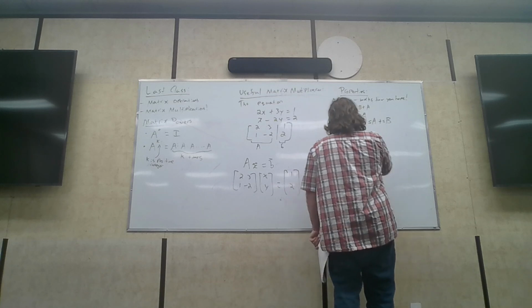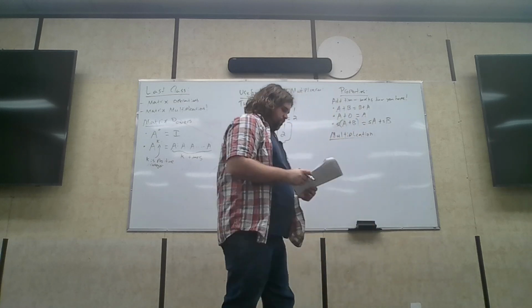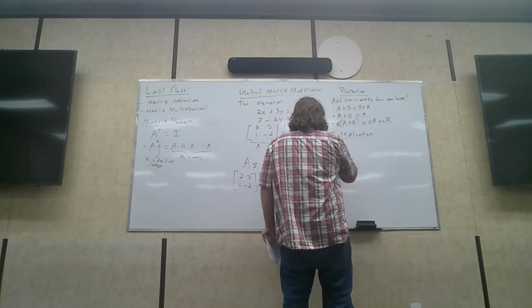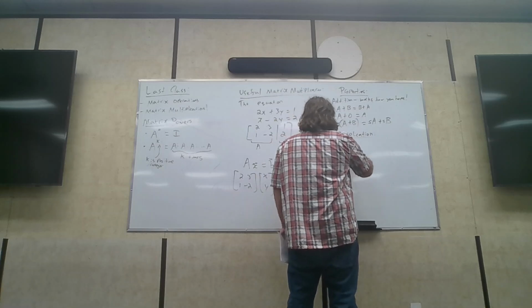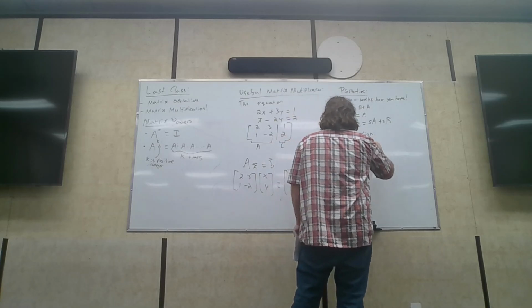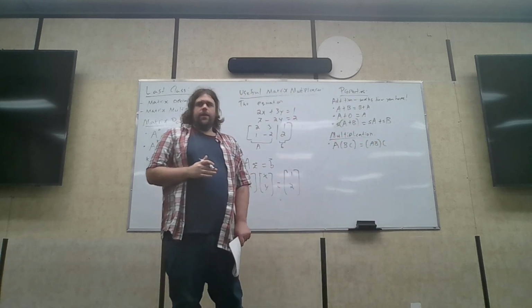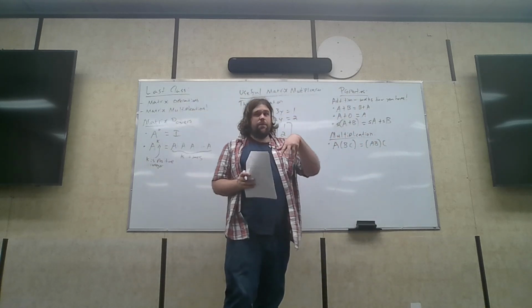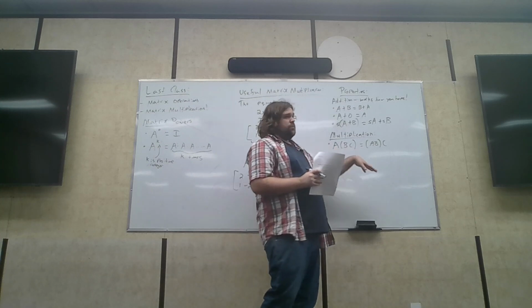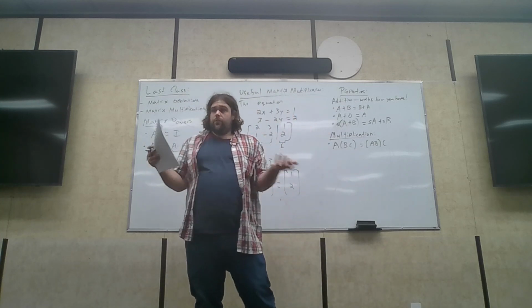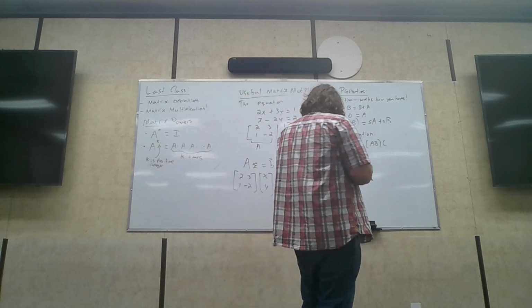So there are still lots of properties that work how we expect. One of them is if you have brackets, they don't really matter. You could do A times B and then multiply by C, or you could do B times C and then multiply by A, right? Those are fine. Either will give you the same.